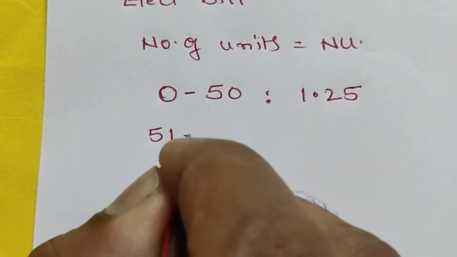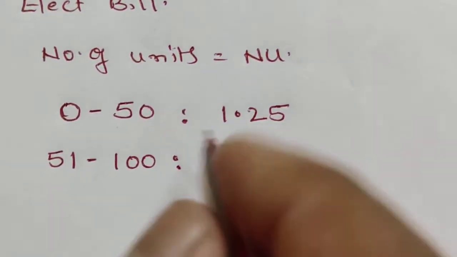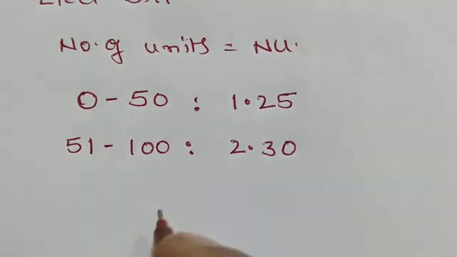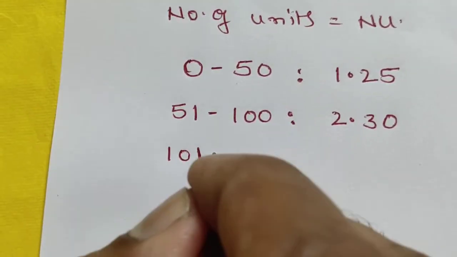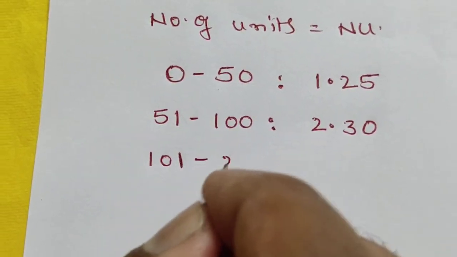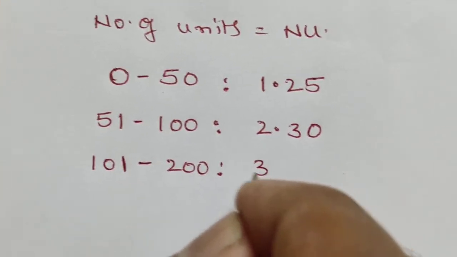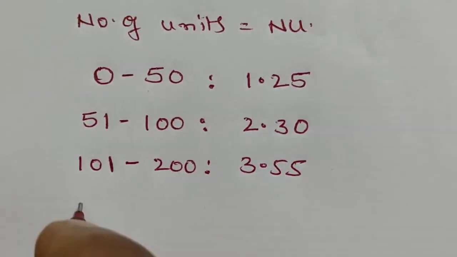From 51 to 100 units, let us consider 2 rupees 30 paise is charged. Above 100 units and up to 200 units, per unit 3 rupees 55 paise is charged.